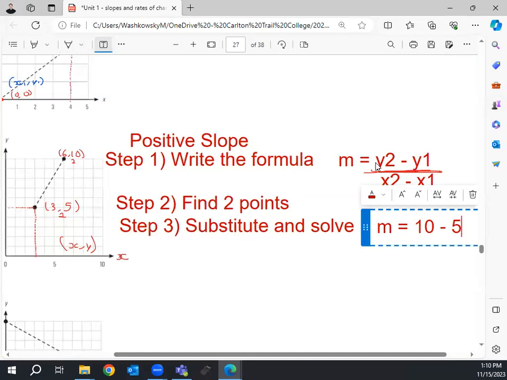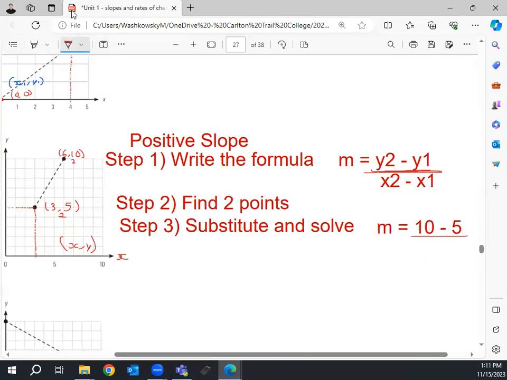Because remember, M equals rise over run. Well, we have this same thing. This means the same thing. We're looking at the changes in height, so we're only looking at the stuff on this y-axis there. And then it's going to be all divided by x2 minus x1.